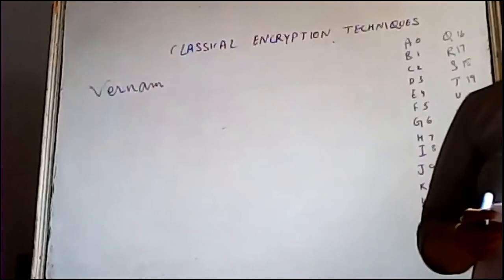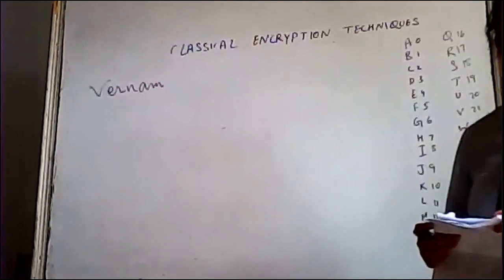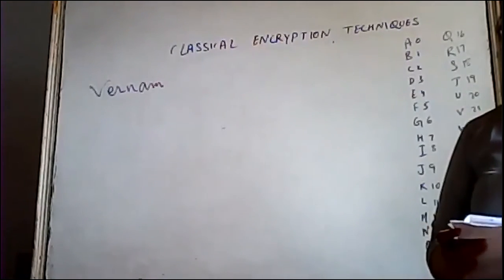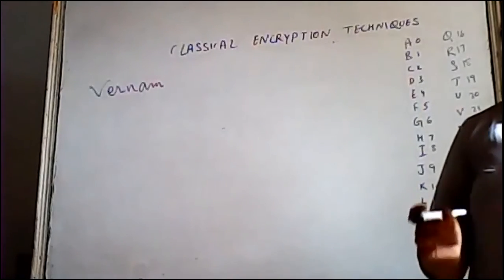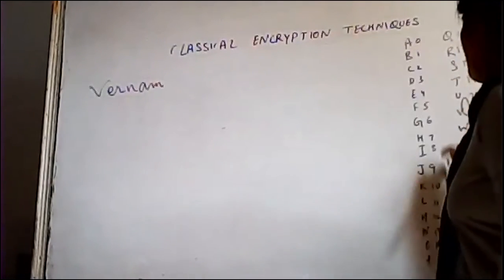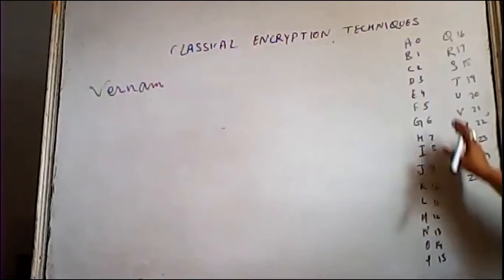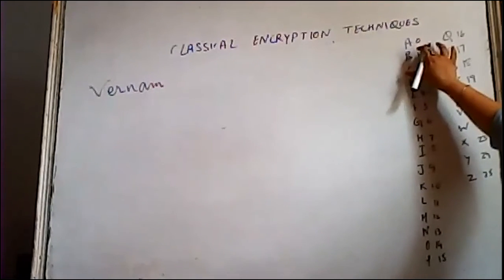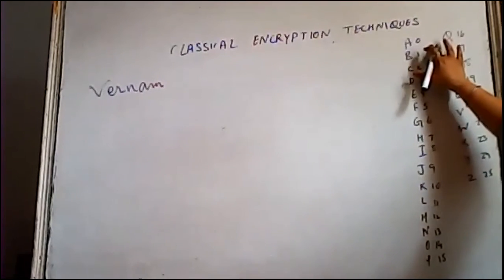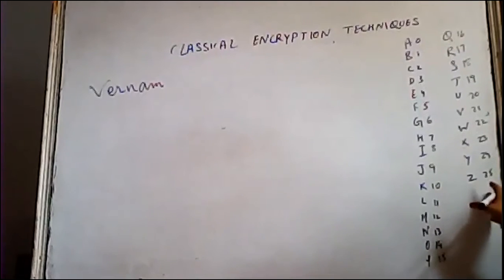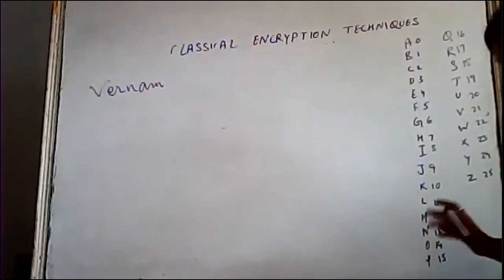So this is simply a type of substitution in which we assign some number to each alphabet. A particular chart will be given to us in which we mention each alphabet with a particular number, starting with 0 and the last element will be 25, which we have given to the alphabet Z over here.